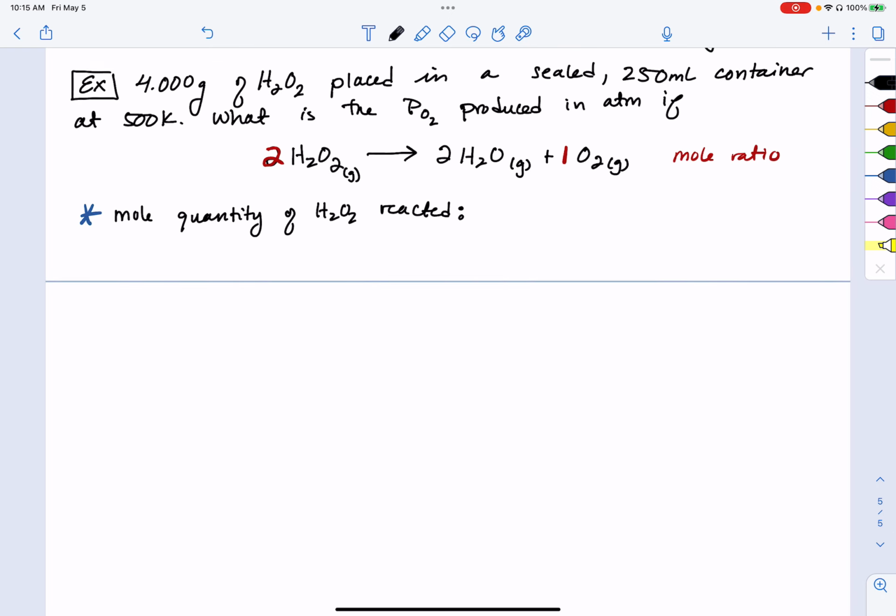So let's remind ourselves of some of the conditions that we were given about the hydrogen peroxide reactant. We had 4.000 grams.